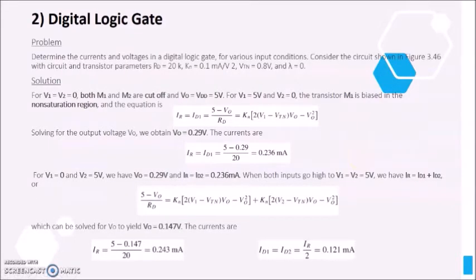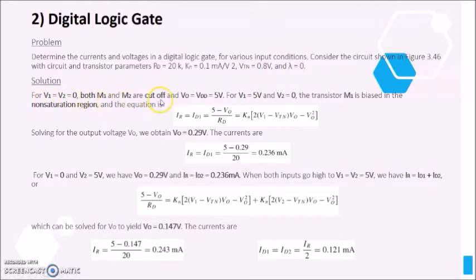Determine the currents and voltages in the digital logic gate for various input conditions. Consider the circuit shown in figure 3.46 with circuit and transistor parameters RD equals 20K, Kn equals 0.1 mA per V squared, VTN equals 0.8 volts, and lambda is 0. Here is the solution for V1 equals V2 equals 0.